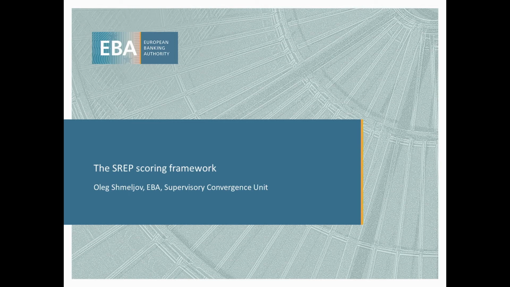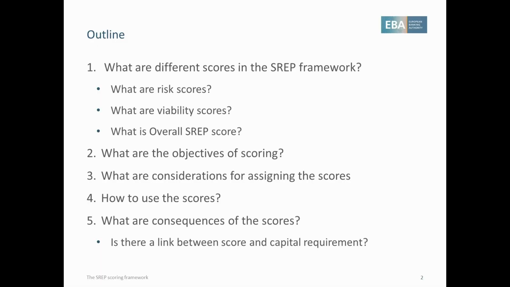That's one of the reasons why we thought it was necessary, when developing the common SREP framework, to pin down also the key fundamental elements of the scores and provide them in the guidelines, and that's what I am going to explain to you in this module.